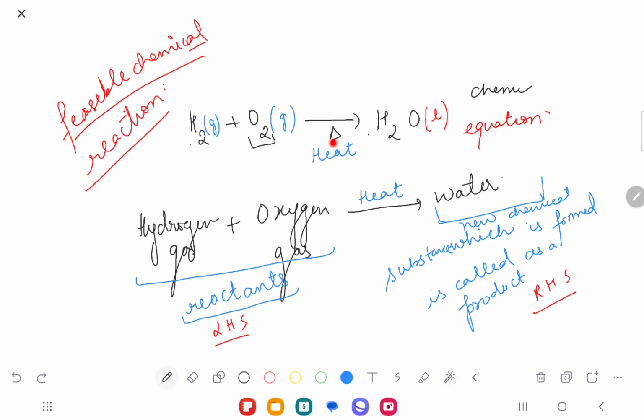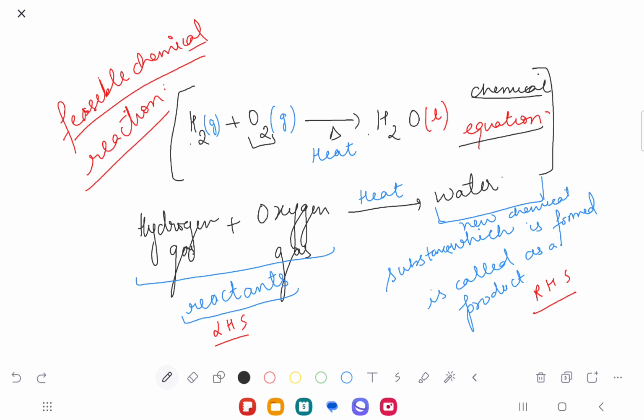Triangle means you are taking a burner and burning it with the flame. Do you understand? So this is how a chemical reaction has to be represented in the form of a chemical equation.